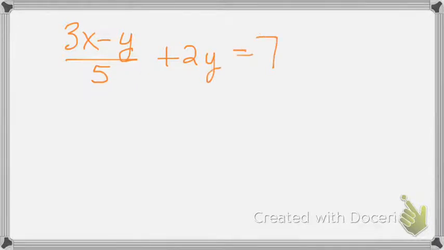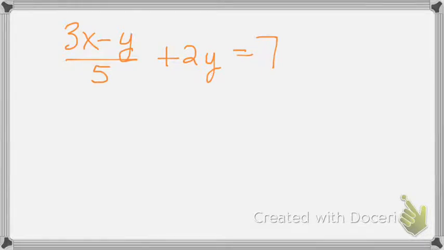Let's say I've got 3x minus y over 5 plus 2y equals 7. Linear or nonlinear? And how do you know?